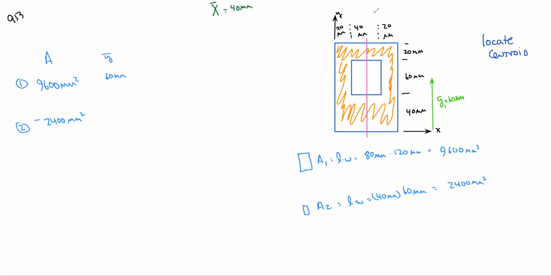Okay, now shape 2. Shape 2 is going to be the distance to the bottom of the small rectangle, so that's 40, plus half of the small rectangle.